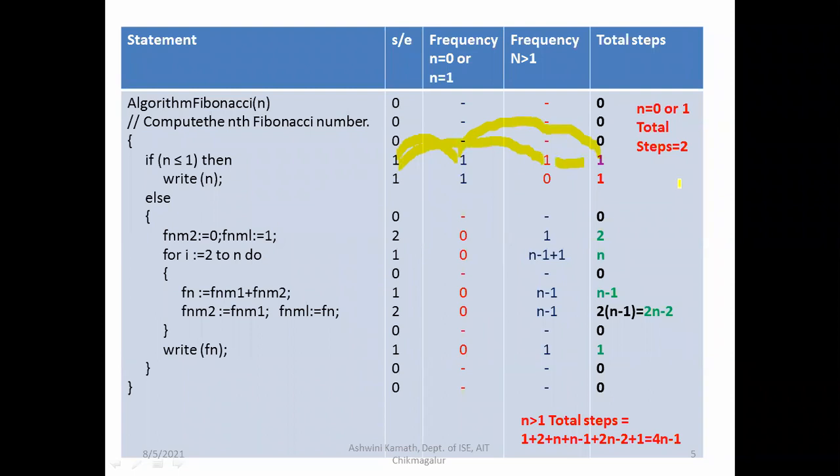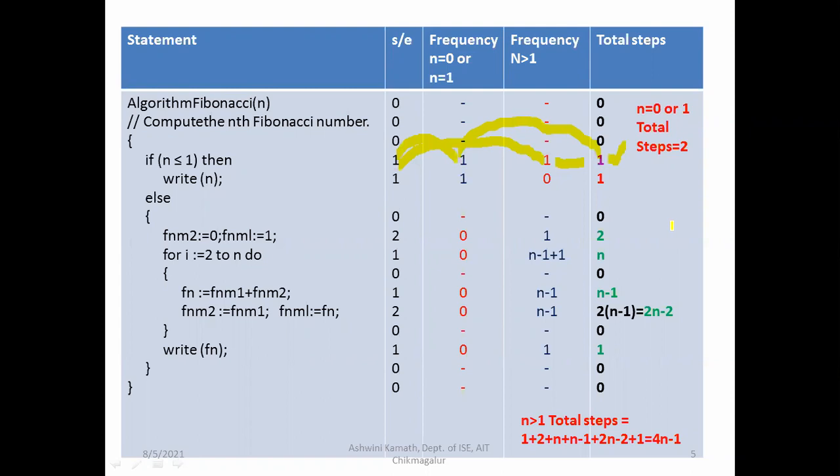Actually, I had to write different frequencies since we have an if and else part, but I have written them in one single column. Actually, I have to write the total steps for two different cases, one for if and one for else. Since it is not a recursive algorithm, I have written in a single column. So in both the cases this value will be 1. That's why I have changed its color to purple, so that you can understand for both the cases this value will be 1.